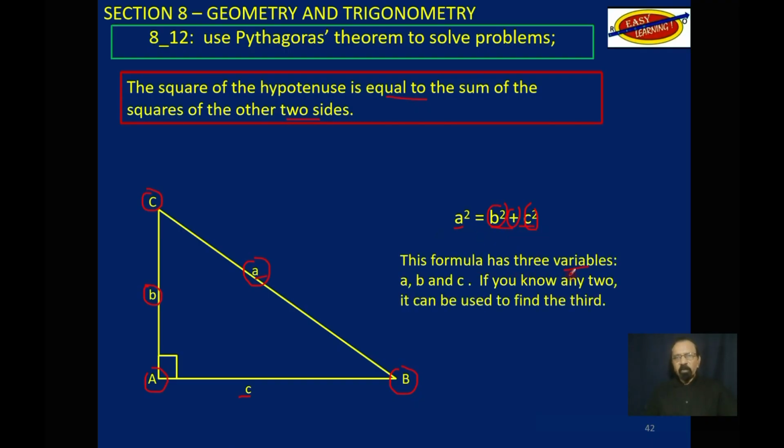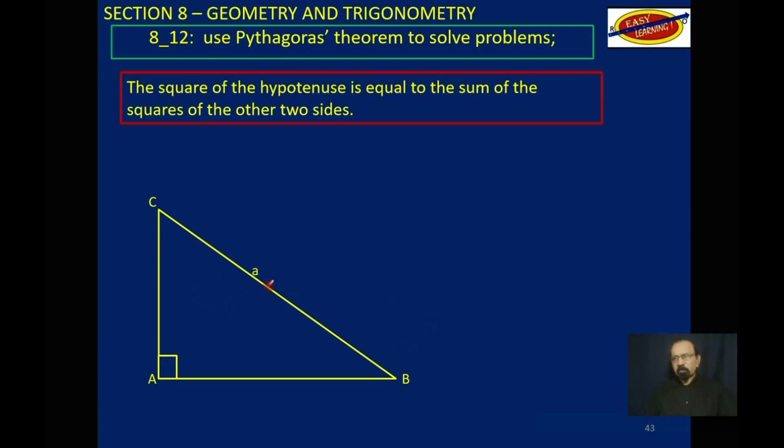It has three variables, a, b, and c. If you know any two, it can be used to find the third. So consider this example here. If b is 8 centimeters and c is 10 centimeters, calculate a.